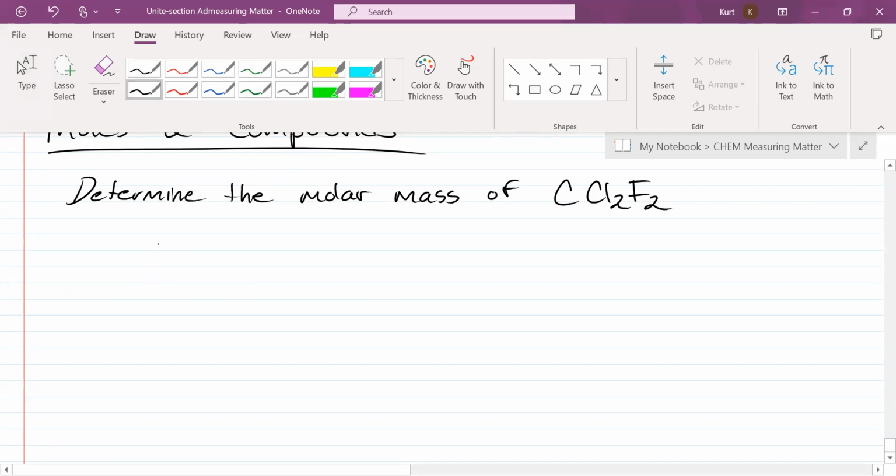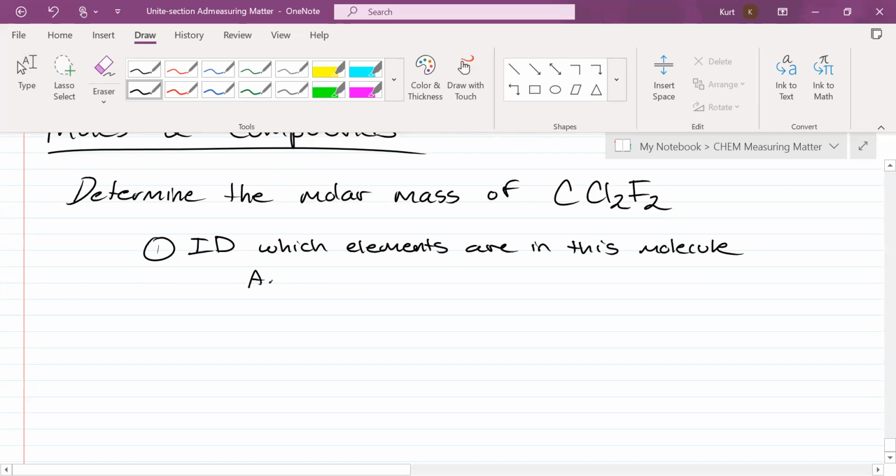First, identify which elements are in this molecule and how many of each. Jade, what is the first element that you see in CCl2F2?